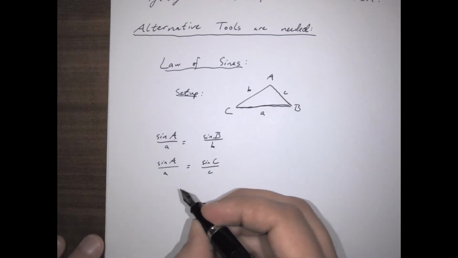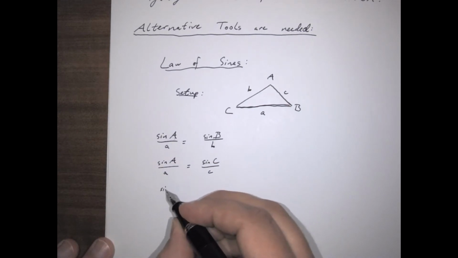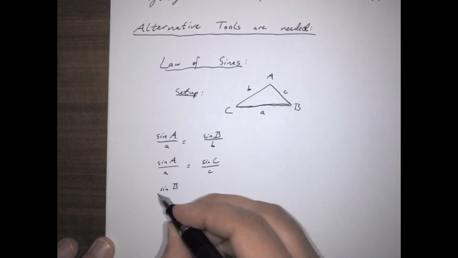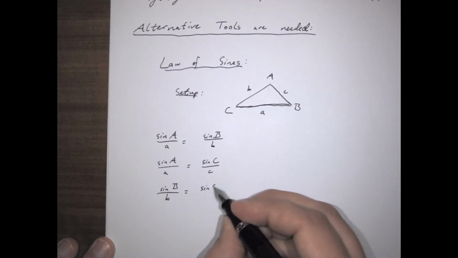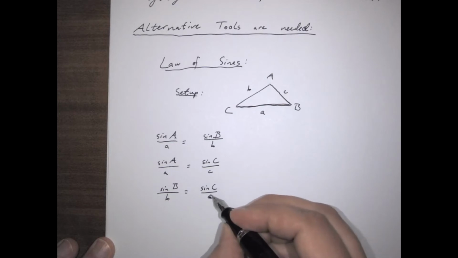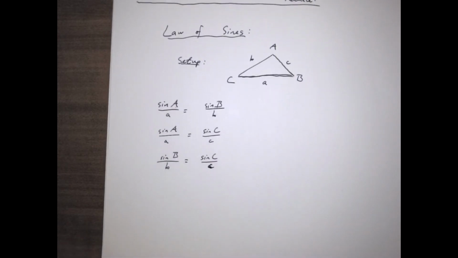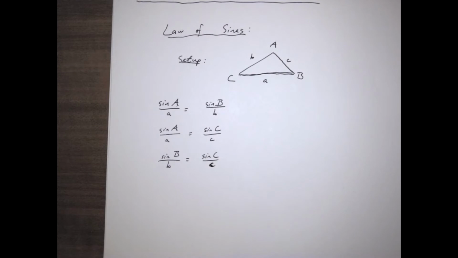And by the same reasoning, sine B over little b is the same as sine C over little c. These are all basically the same equation, just changing our choices of A's, B's, and C's.